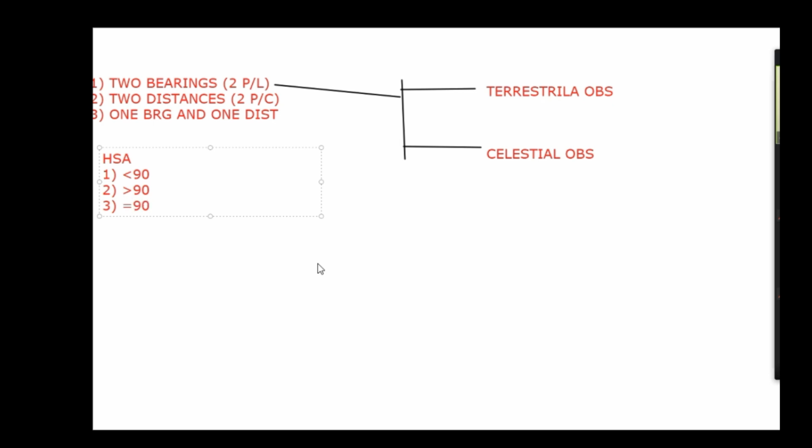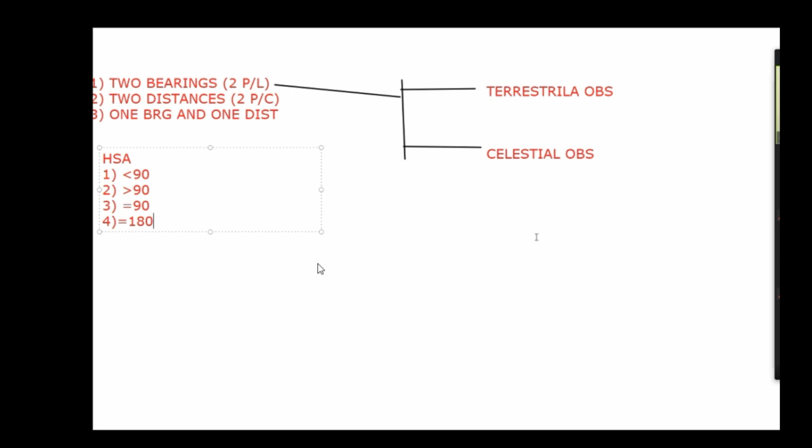And the 4th one is equal to 180 degrees. So these are the 4 categories. HSA cannot be any other angle; it cannot fall beyond these 4 categories: less than 90, more than 90, equal to 90, or equal to 180.